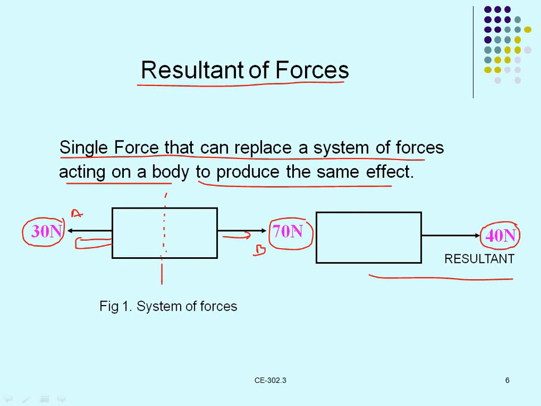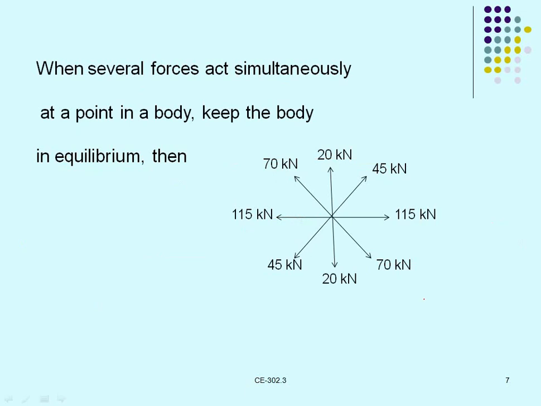That means 70 minus 30 gives 40. That is called the resultant. If you remove the 30 newtons load, you will get the 40 newtons load as the resultant.